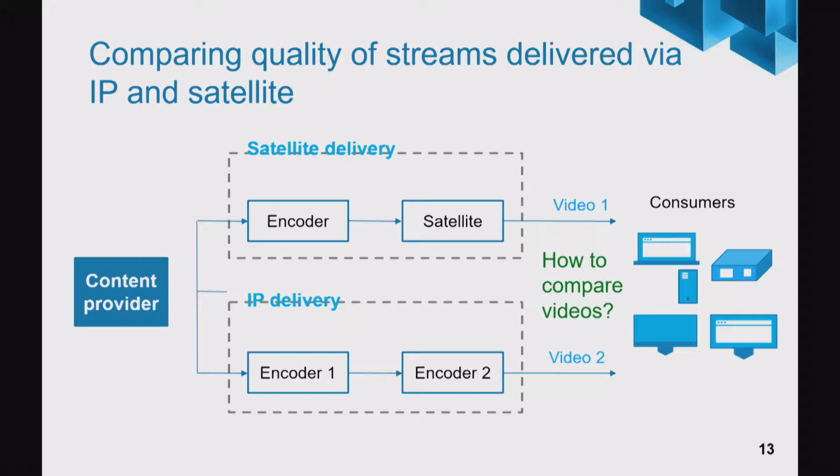What they found is that the content provider does not provide them exactly the same videos as provided for satellite distribution. So when they compare video received from satellite and video received from their delivery chain, they found that they were compressed from different sources.